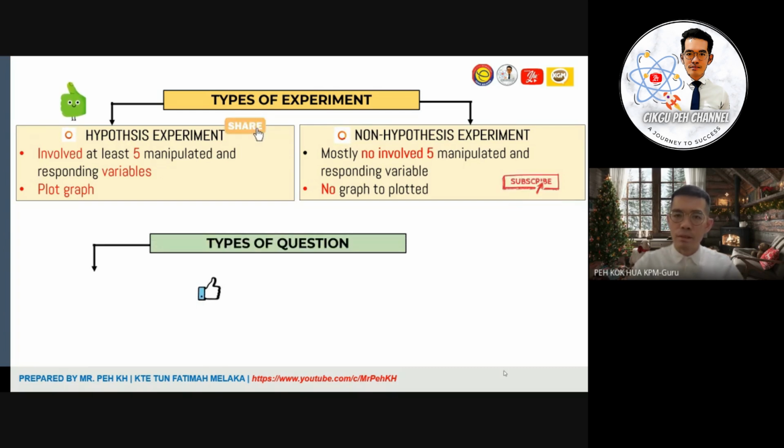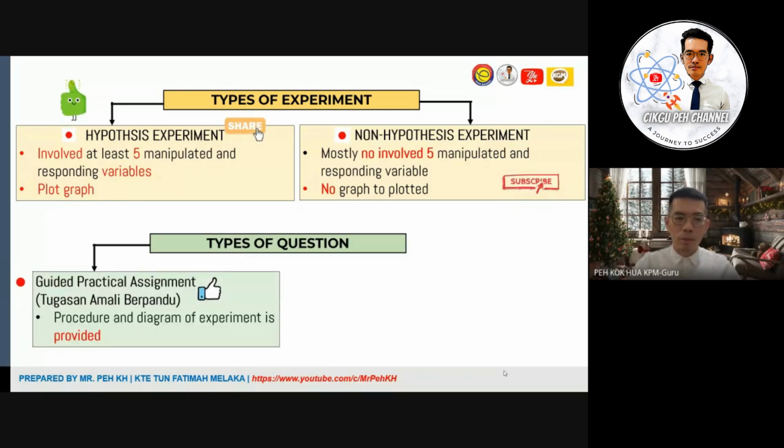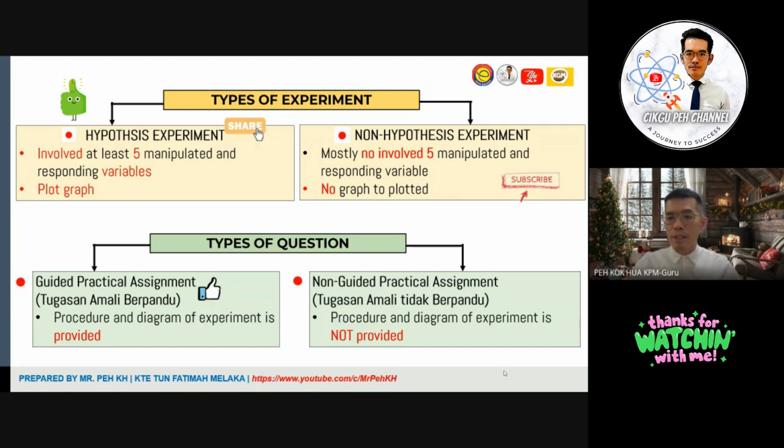Besides that, you will see the questions in Paper 3 can be classified into two types. The first is known as tugasan AMALI membantu, where the procedure and diagram are provided, while the other is known as tugasan AMALI tidak bantu, where the procedure and diagram are not provided.